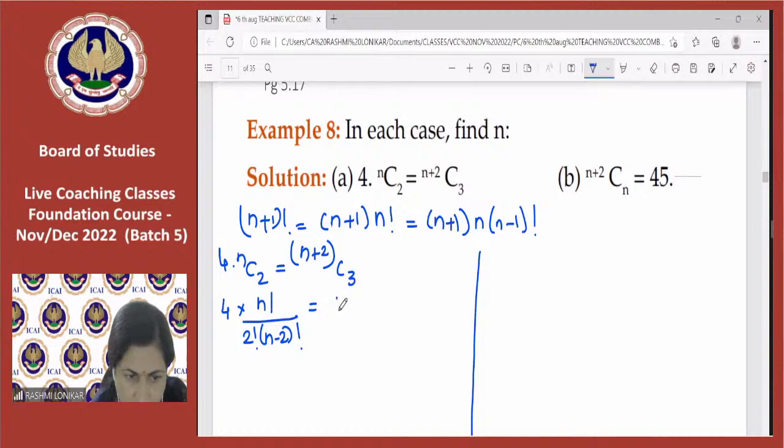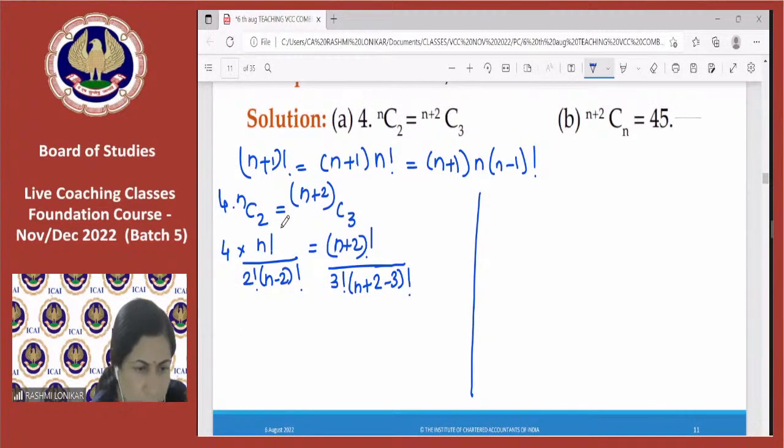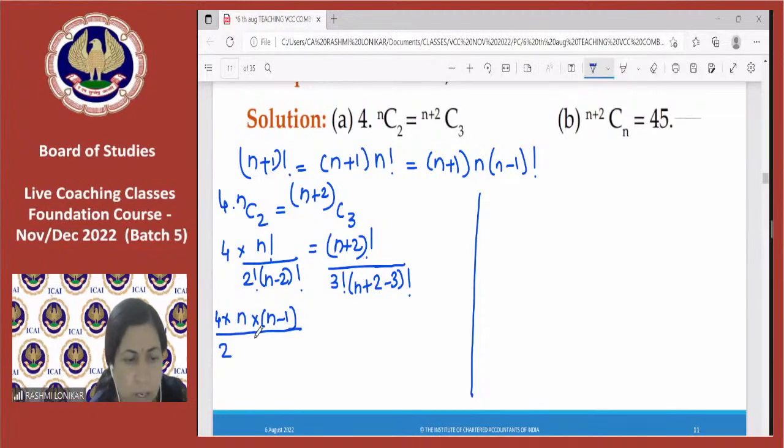What will come over here? n plus 2 factorial upon 3 factorial into n plus 2 minus 3 factorial. Now I will write n factorial up to n minus 2 factorial. So this is 4 into n minus 1 upon 2 factorial, I know is 2 into n minus 2 factorial. This thing upon n minus 2 factorial.